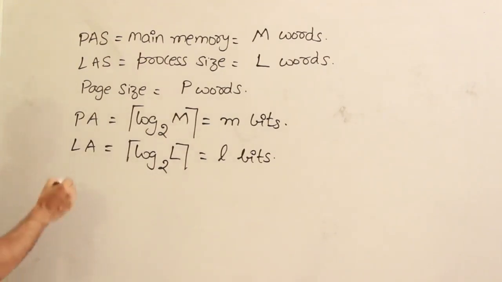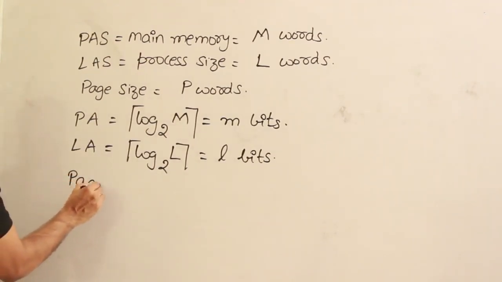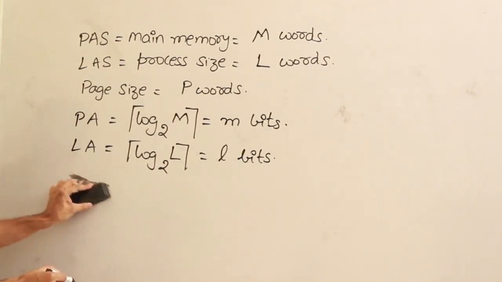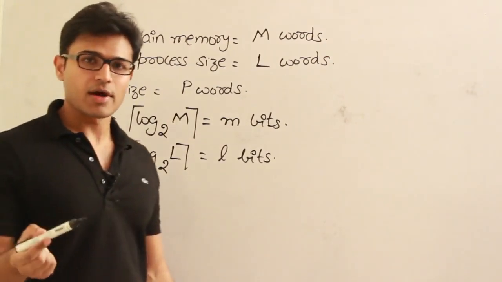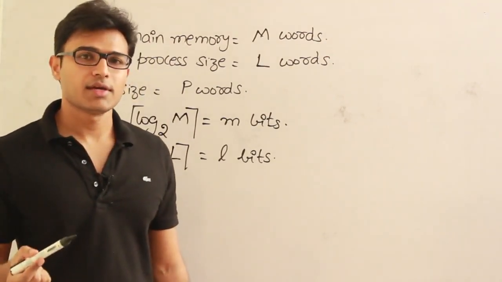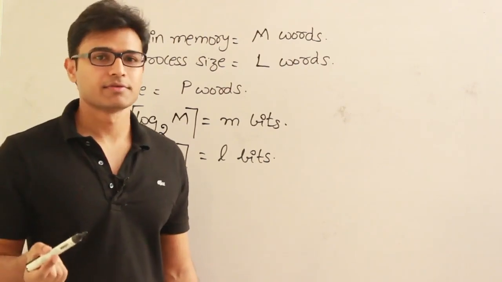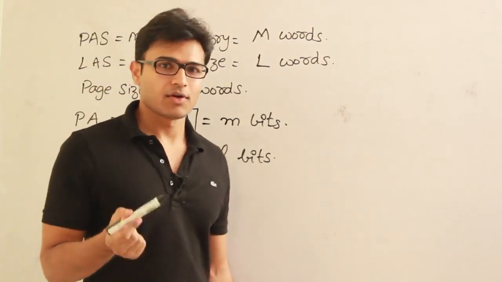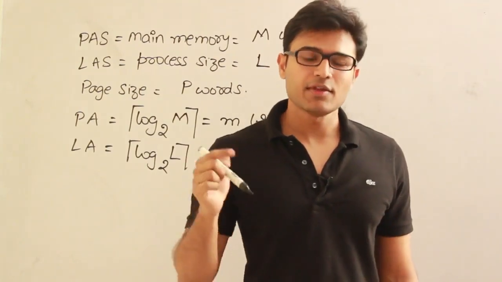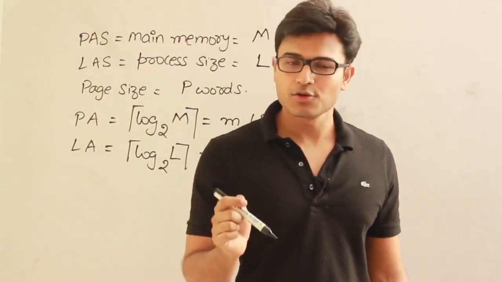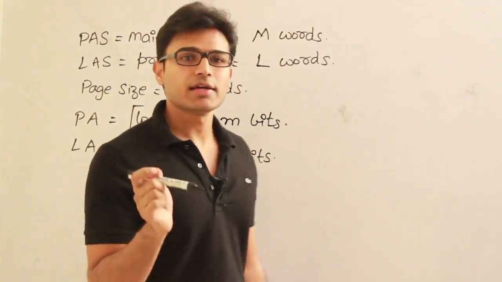And now page size. So if page size is going to be P words, then how many bits are required in order to identify a word within a page? Are you following it? If page size is P words, then how many bits are required to identify a word within the page?